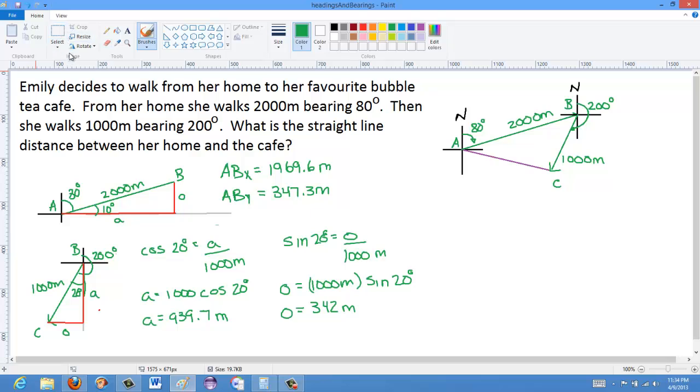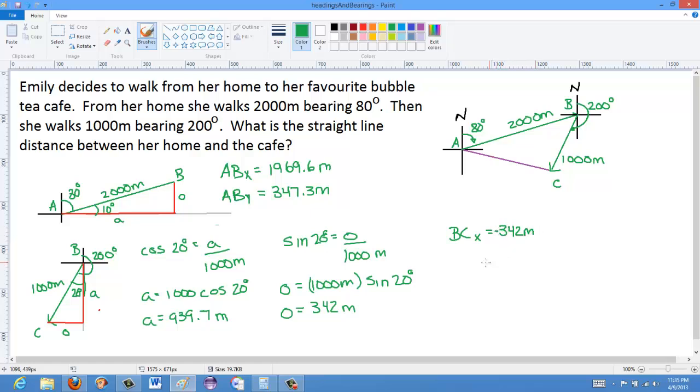Now, as I said before, I'm going to say that north and east are positive and south and west are negative. So from B to C, the x component, which is the opposite, so the horizontal component, is negative 342 meters.